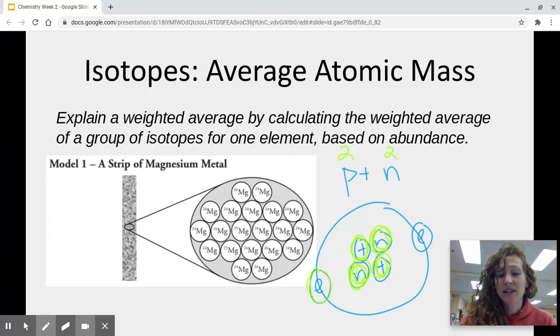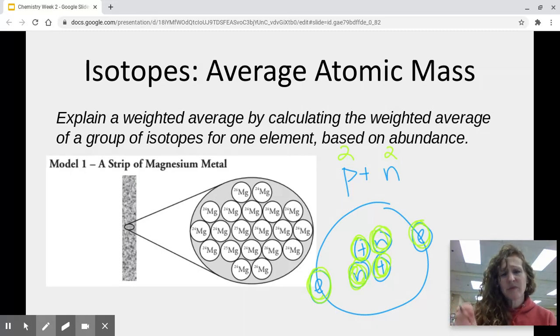Now, the electrons, we talked about, they do have mass, but the mass is so small that when you add it to the mass of the protons and the neutrons, it doesn't actually add any significant mass. It adds decimals. If you keep the mass out to the thousandths or the 10,000ths or the 100,000ths place, you'll eventually see the mass of the electrons.